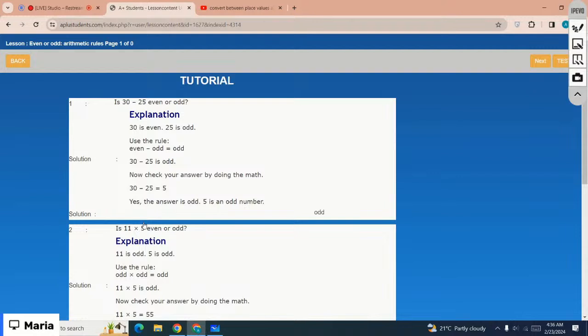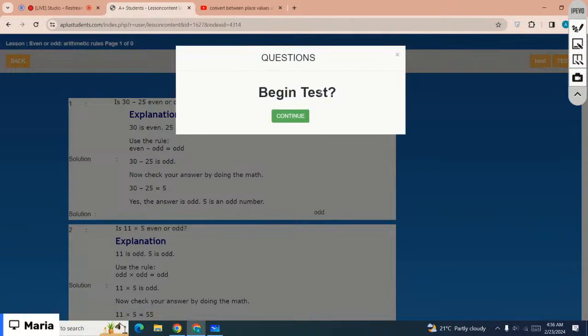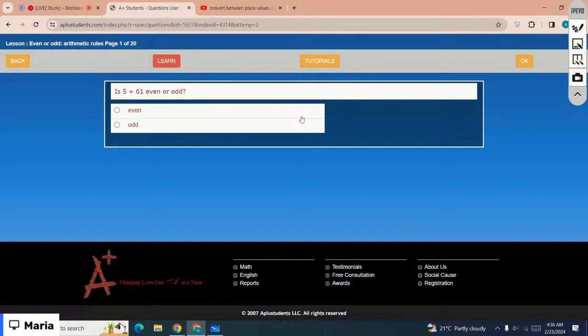So when you multiply an even and an odd number, the answer is always an even number, right? Okay, is 5 plus 61 even or odd? Even it is, right?